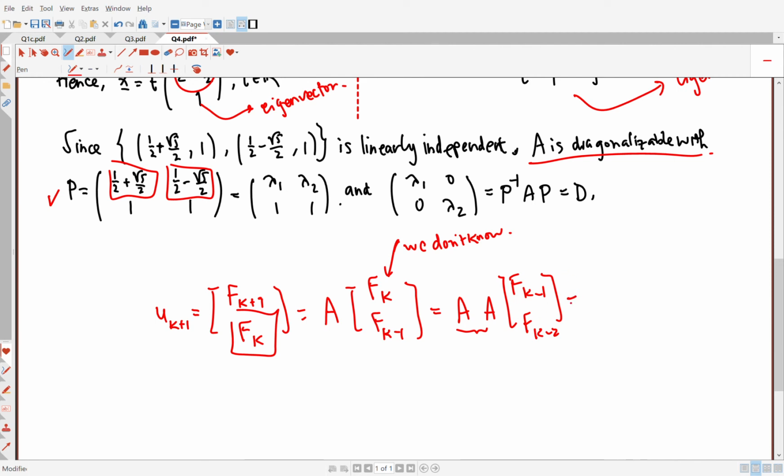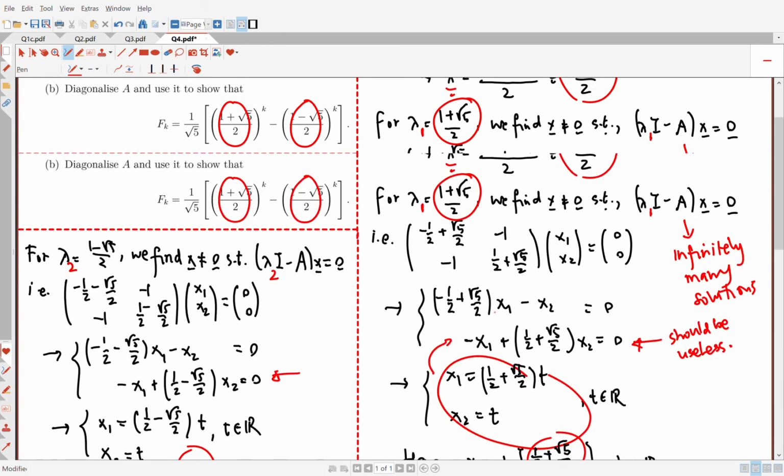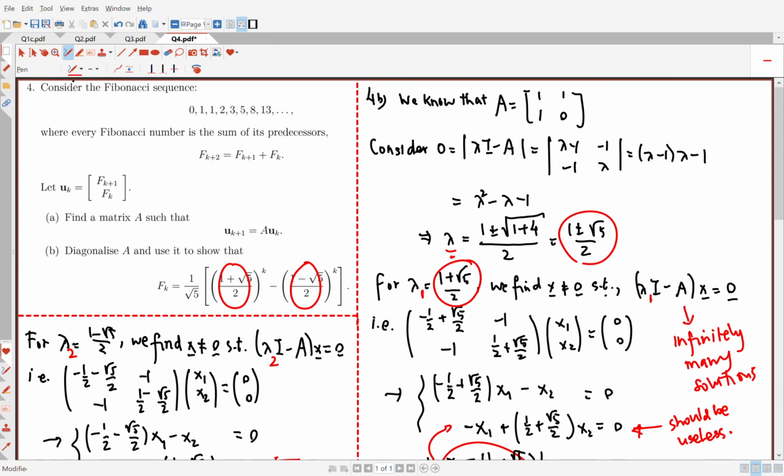But we can always continue this until the numbers that we know. What are the numbers that we know? They are f0 and f1, right? If we can reach this, then we know f0 and f1, because f0 is just 0, right?